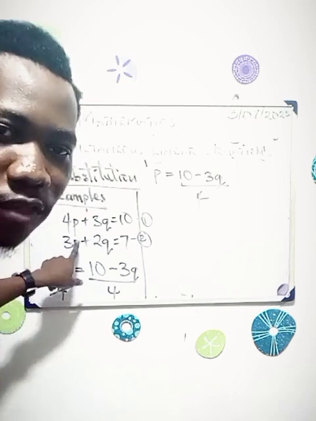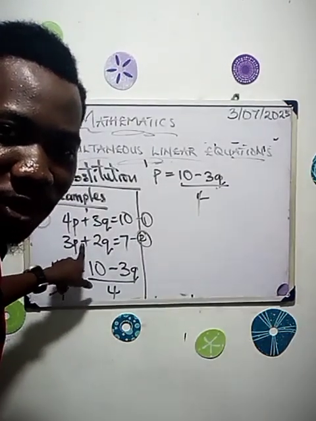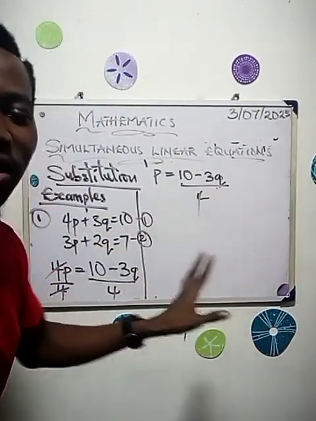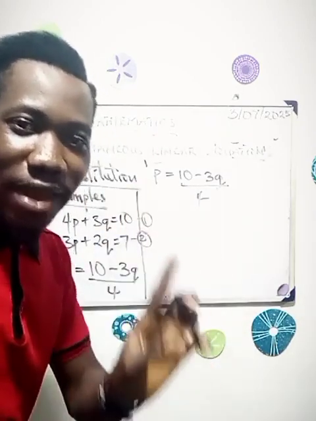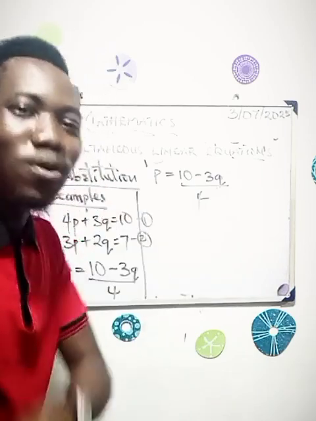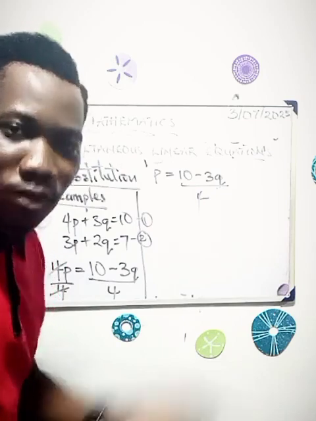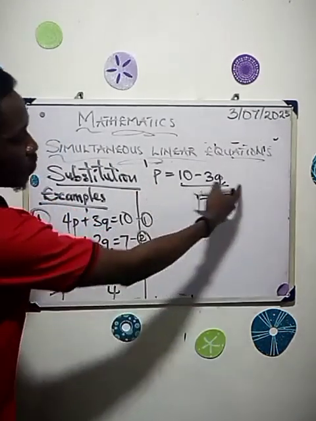Instead of 3p, you now have 3 times this, and then you can solve. That's going to give you the true value of q first. Then bring this true value of q back to equation 1 and solve for the value of p. So let's see how that goes. We are having p equals this.